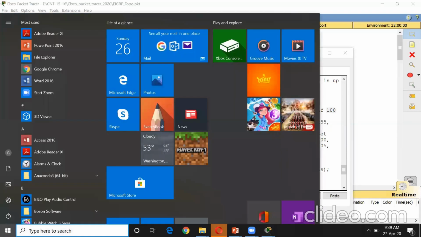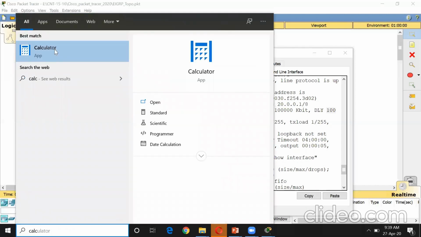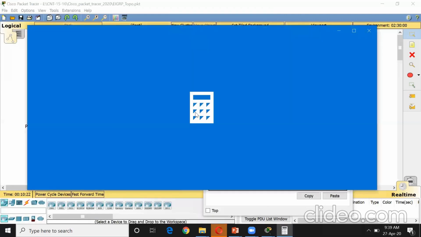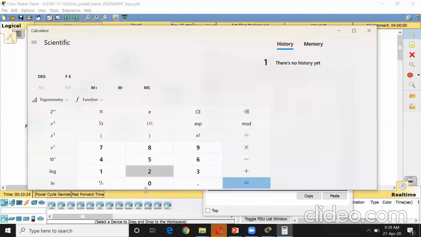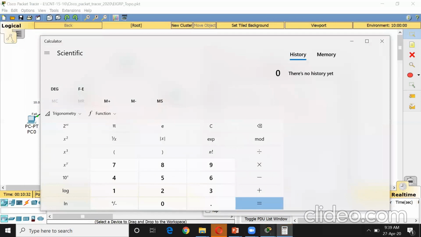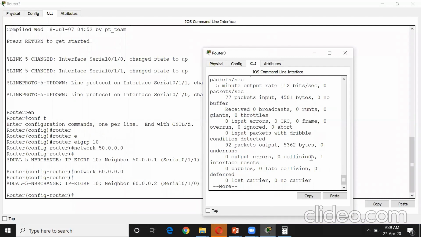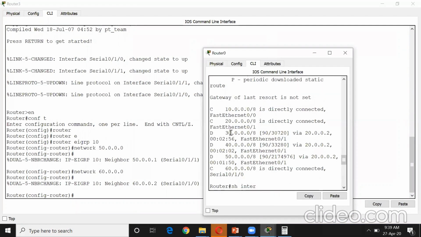If you check here in the calculator, 120 into 256, that is 30720. So you can see here in the routing table the cost to reach network 30 is 30720. You need to understand that formula, and you need to understand how to calculate the cost.